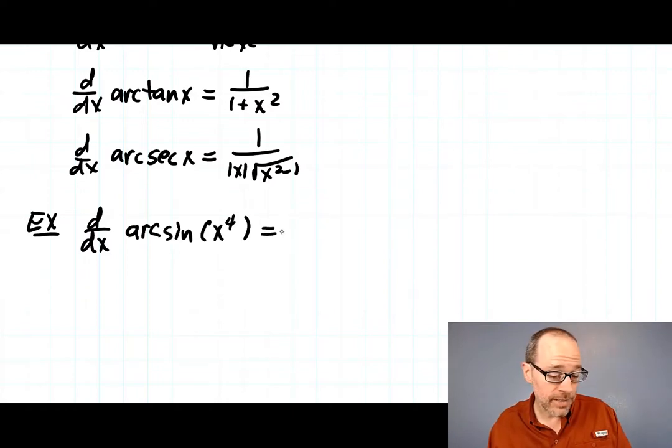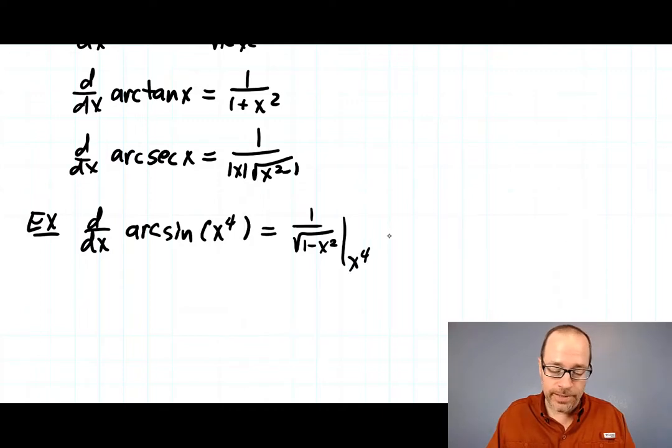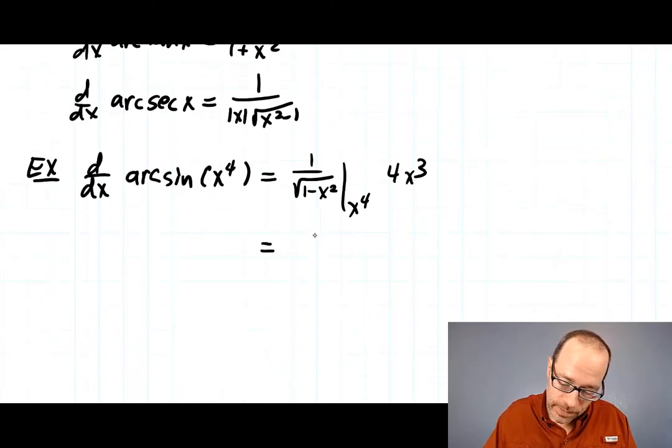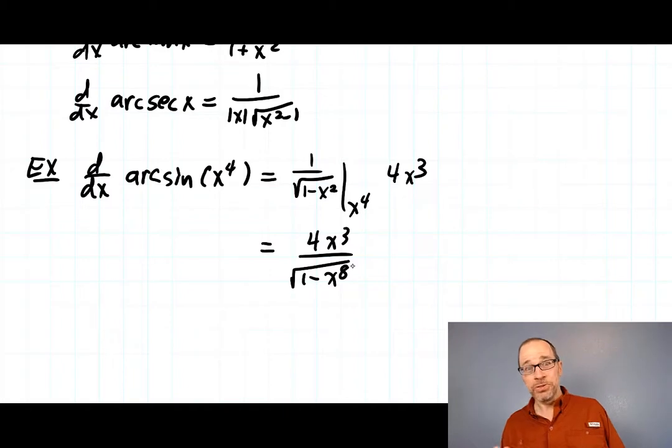The outside is arc sine, so its derivative was 1 over the square root of 1 minus x squared, but we have to plug in the inside, which is x to the fourth, and then times the derivative of the inside. So altogether we get 4x cubed all over the square root of 1 minus, well, when you plug in x to the fourth to the square, it'll give you x to the eighth, because exponents multiply.